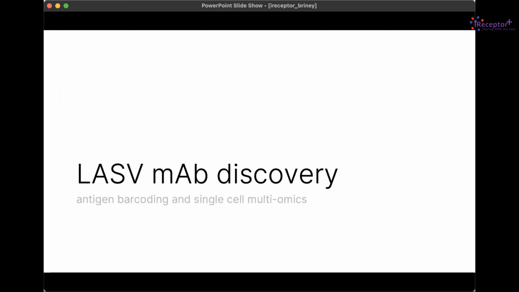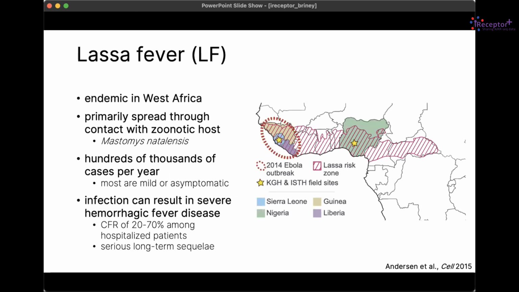So with that, I want to talk about actual application of this tool to real data from some samples from Lassa Fever survivors. I want to give a little bit of background about Lassa Fever in general, and then talk about the work we've been doing for the last couple of years. Lassa Fever is endemic in West Africa.